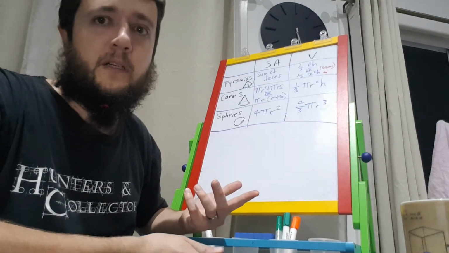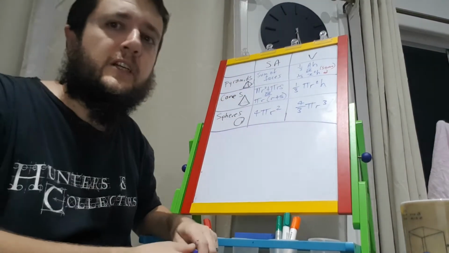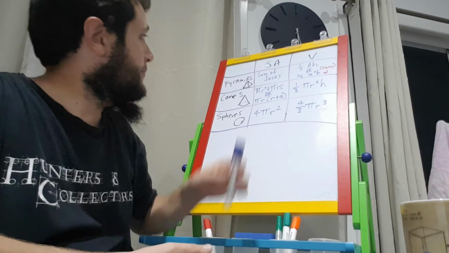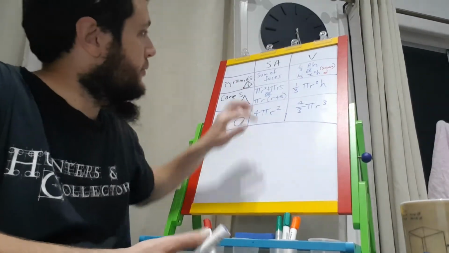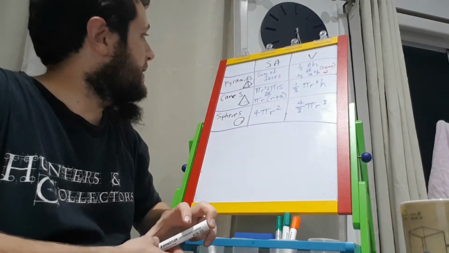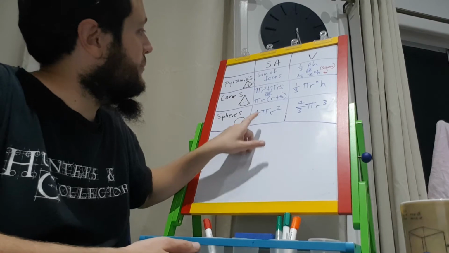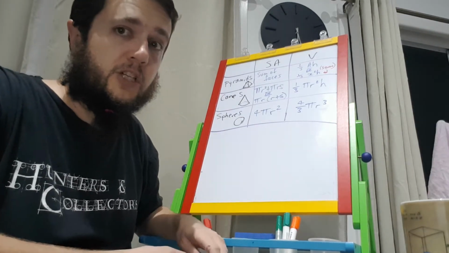For a cone, we worked out the formula is pi r squared plus pi r s, where s was the slant height. And you can also write that as pi r with r plus s in brackets. So we did that last week. Actually, we didn't do surface area of spheres last week, did we? That's a whole special section.